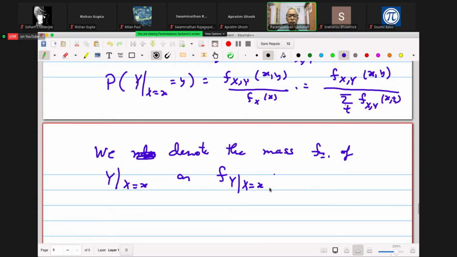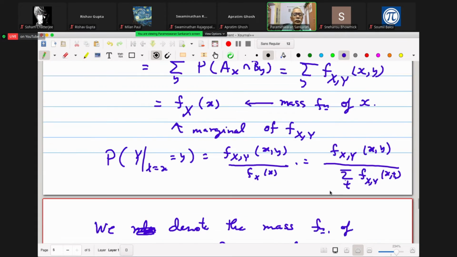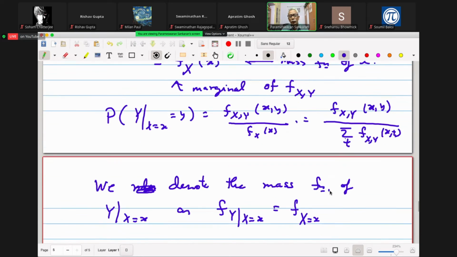I think I may have interchanged x and y, so perhaps it is better written like this. Did I fix x or y? I fixed x, I think, throughout.